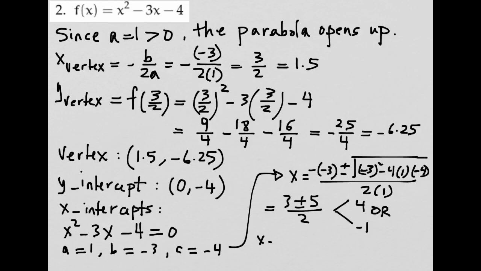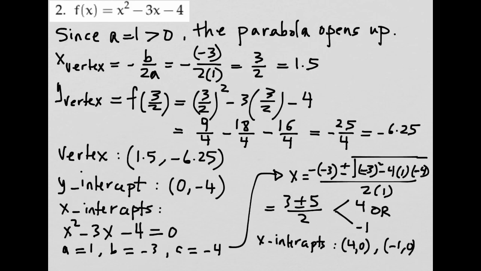So the x-intercepts, these are (4, 0) and (-1, 0).